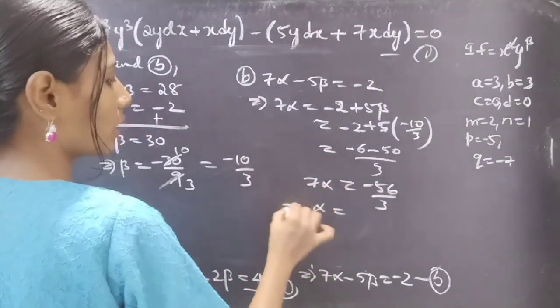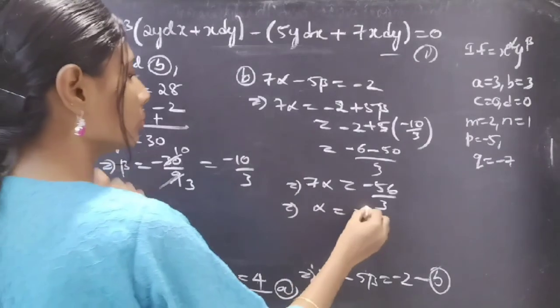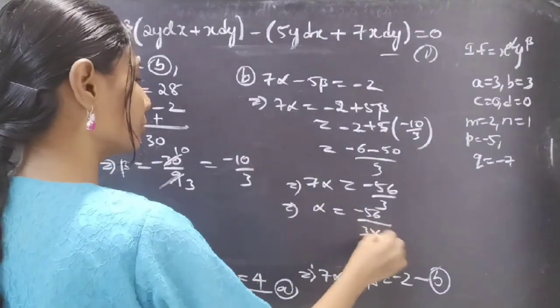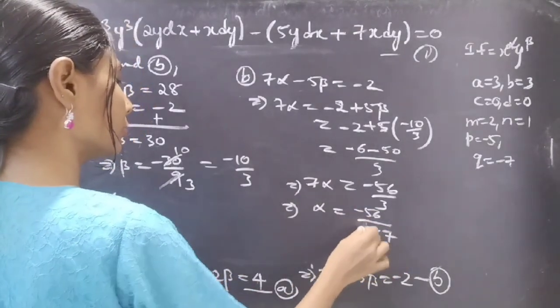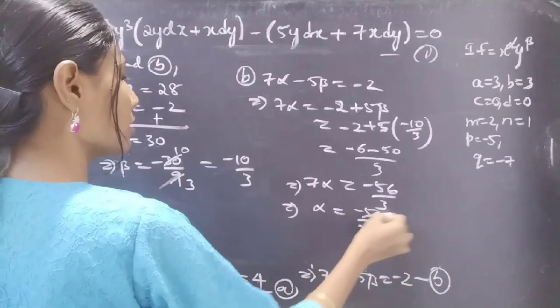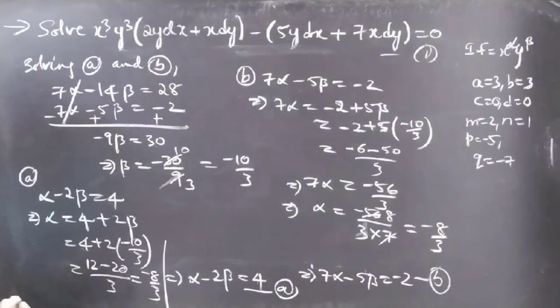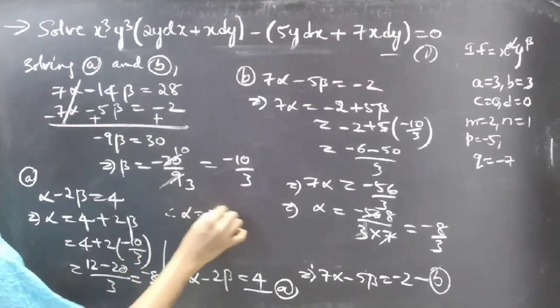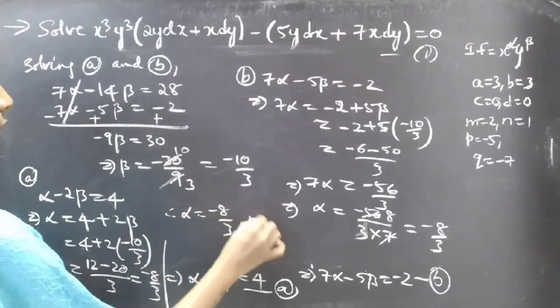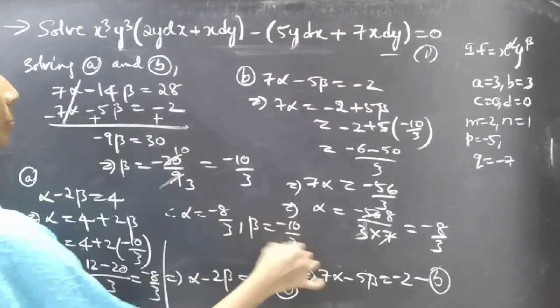Now take this 7 to RHS. 7 8s are 56. This gives us minus 8 by 3. Therefore, alpha equal to minus 8 by 3 and beta equal to minus 10 by 3.